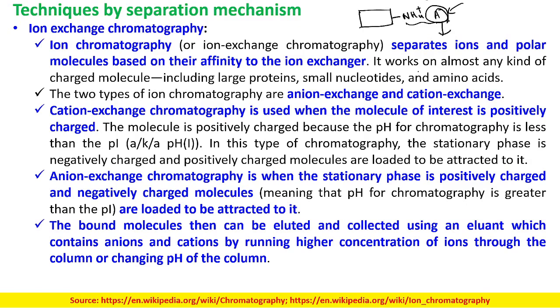Okay, they will be extracted out. Similarly, if you see, this is a thing where you are having this anion getting attached. Okay, so we can also have the cation.